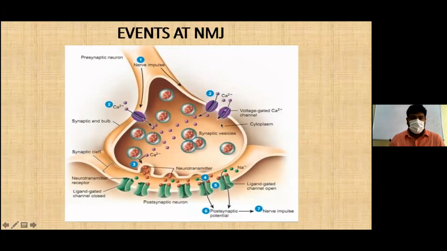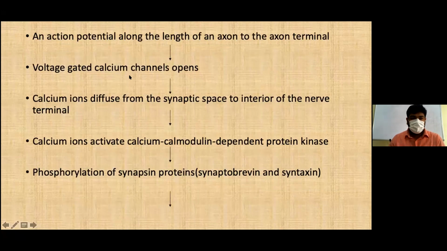Now let us look at the events at the neuromuscular junction. When the action potential passes along the length of the axon and reaches the nerve terminal, the voltage-gated calcium channels at the axon terminal open. It results in influx of calcium ions from the synaptic space to the interior of the nerve terminal. With the influx of calcium ions into the nerve terminal, there is activation of calcium-calmodulin dependent protein kinase.